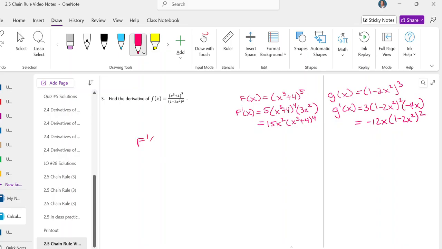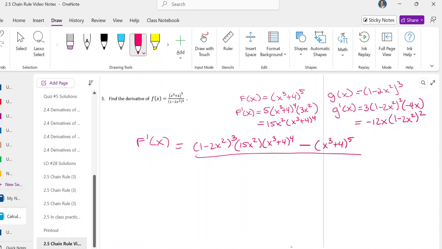So when you do the quotient rule, remember, it is g f prime, so it is (1 minus 2x squared) to the third times 15x squared times (x to the third plus 4) to the fourth, minus, and then we do the other, so it's (x to the third plus 4) to the fifth times negative 12x times (1 minus 2x squared) squared, and that is all over g squared, so it's ((1 minus 2x squared) to the third) squared.